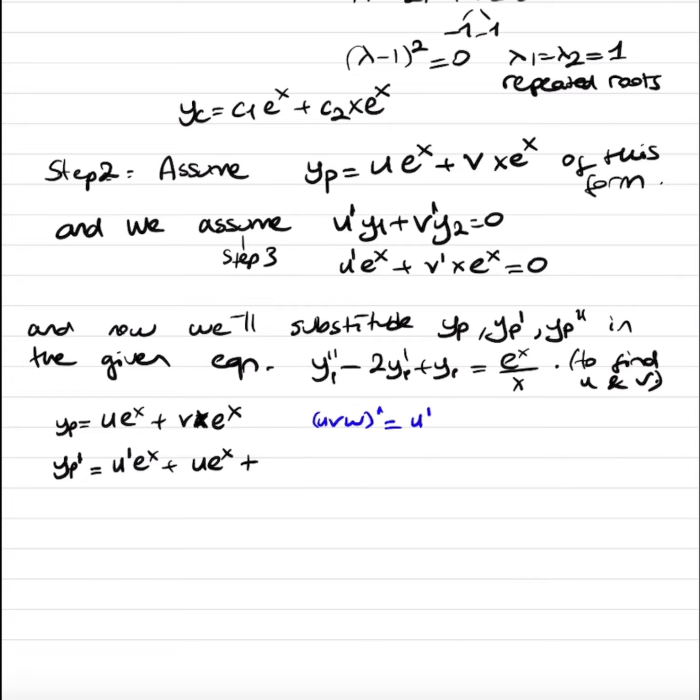In this case the derivative is u prime v w plus u v prime w plus u v w prime. So we find the derivative in this way. So v prime x e to the power x, plus v times the derivative of x, which is 1, so e to the power x, plus v x times the derivative of e to the power x, which is itself.